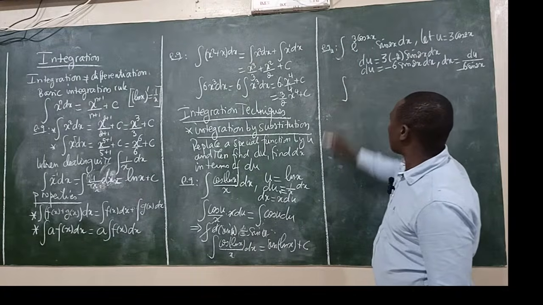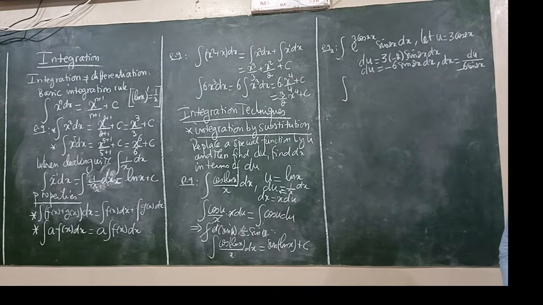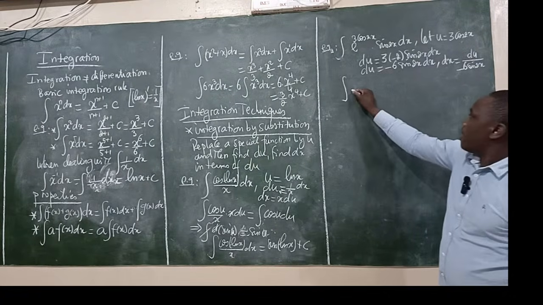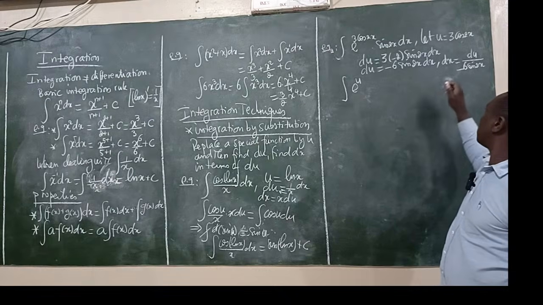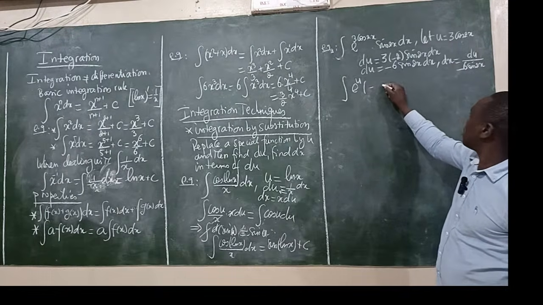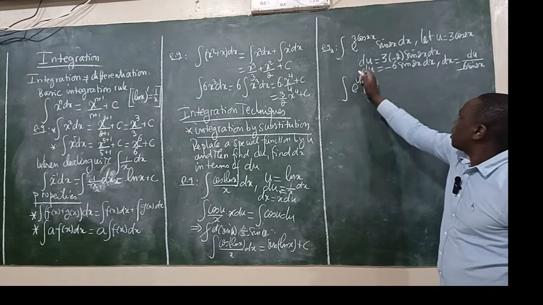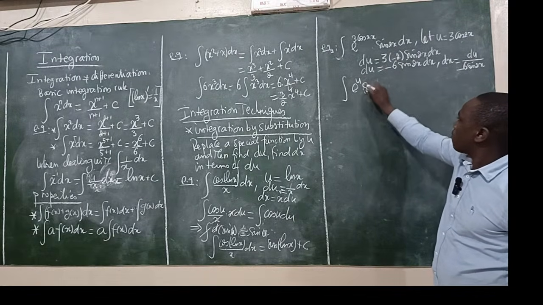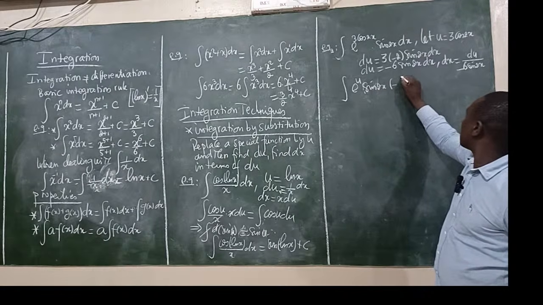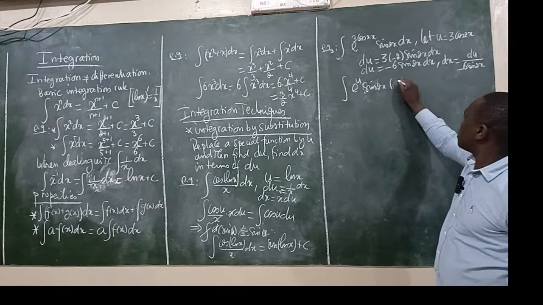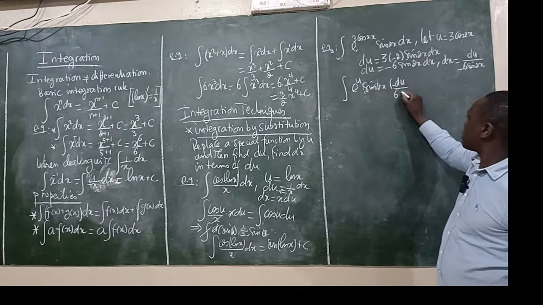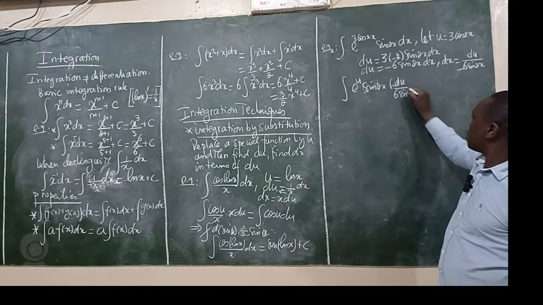Now we have e to the power of u times sine 2x times minus du over 6 sine 2x.